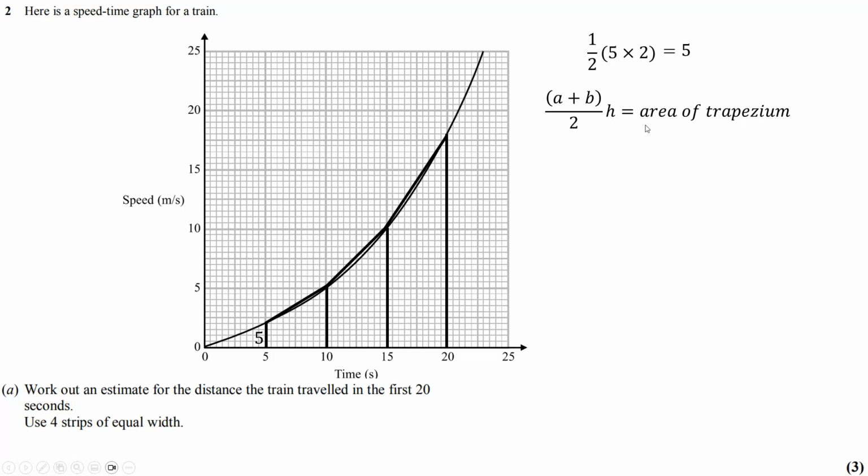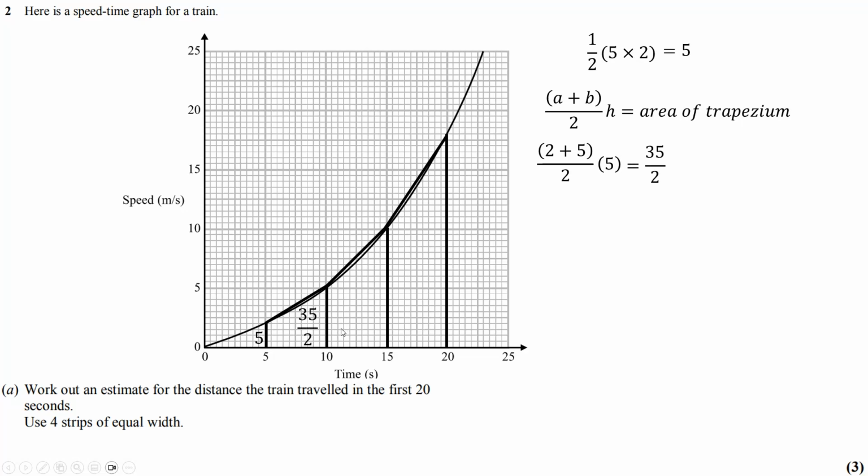I think you get given this in the formula book. So this length, add this length, divided by 2 times this height, which is 5, because 10 take away 5 is 5. So it's 2 plus 5 divided by 2 times 5, which gives you 35 over 2.